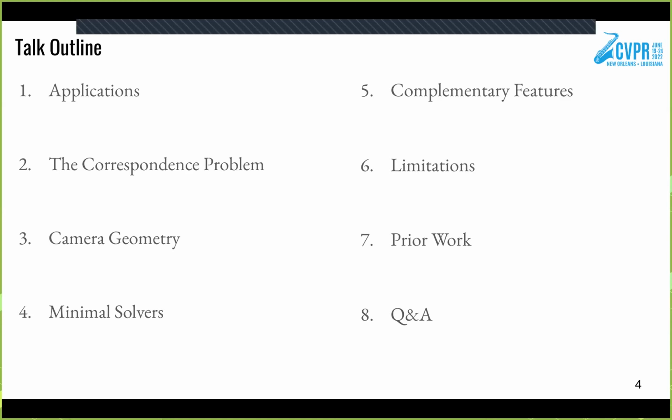Even they tried to get affine correspondences to work in multi-view geometry, and they had to take into consideration many things, including uncertainty. And so we'll talk about why this is the case and whether it is possible to fix it. Then I'll talk about prior work, and the idea is that once we have all the concepts introduced in this tutorial, then we can revisit what came before, and you'll understand what those works are about. And then Q&A.